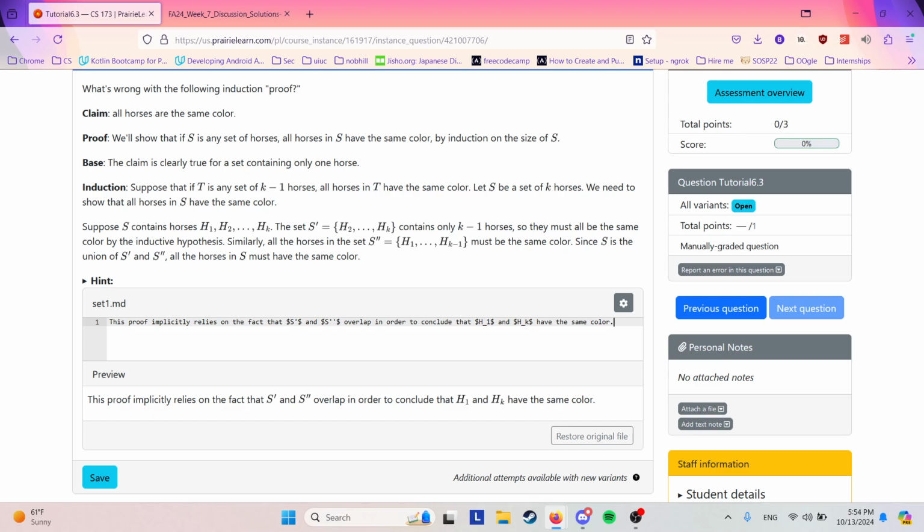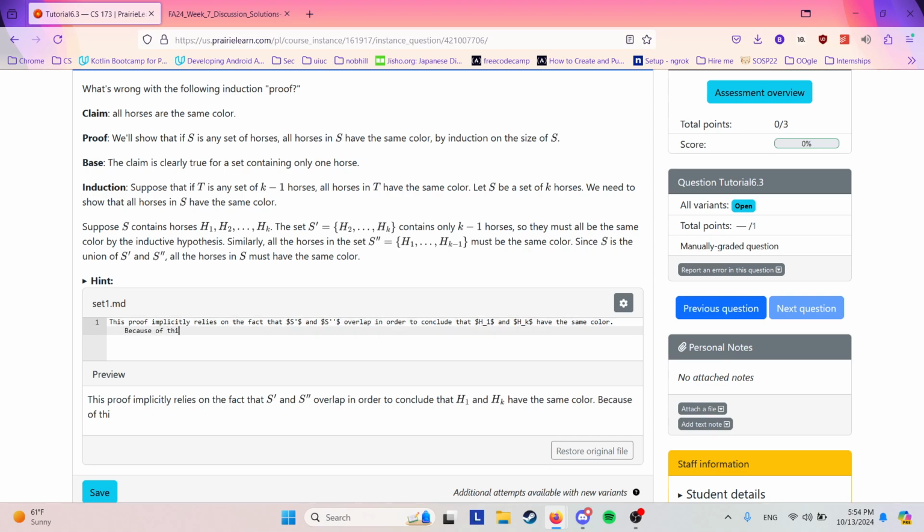This is what we just discussed. So because of this implicit reliance on the overlap between the two sets, the inductive step does not hold for k equals 2.